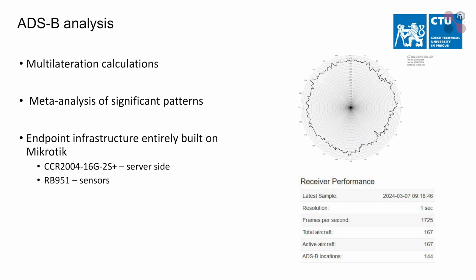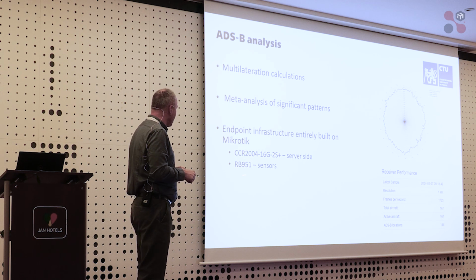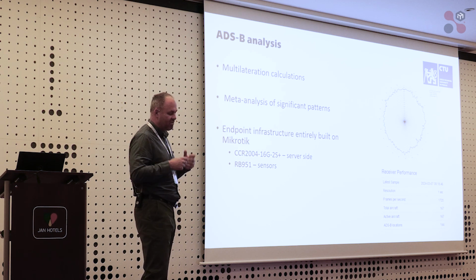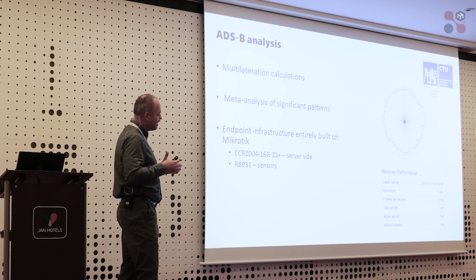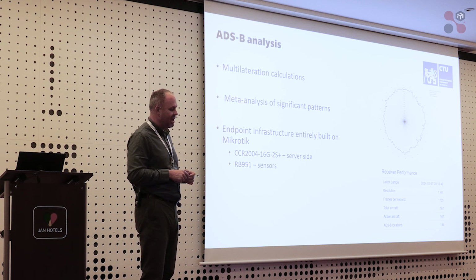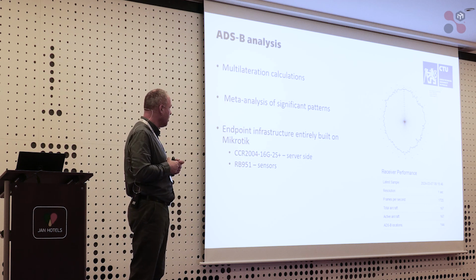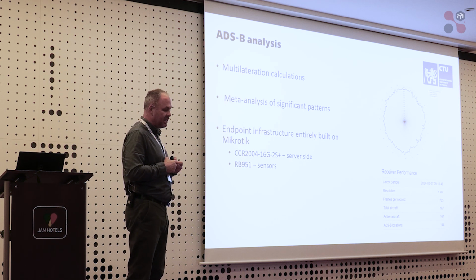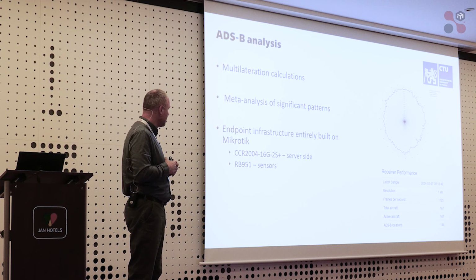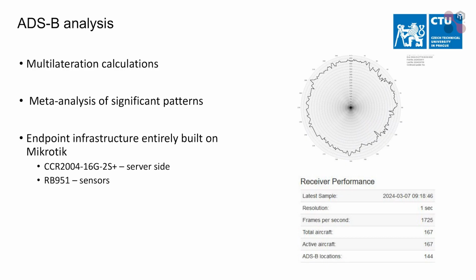Of course there are sensors with a radio interface, but the rest is built on Mikrotik: a little bit ancient 951 with the sensors where they are located, and a cloud router on the server side connecting the traffic.